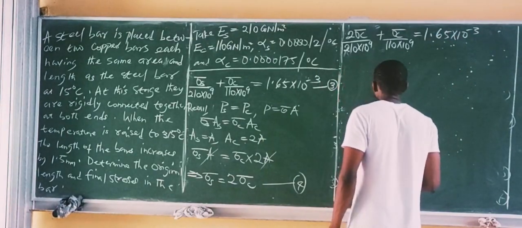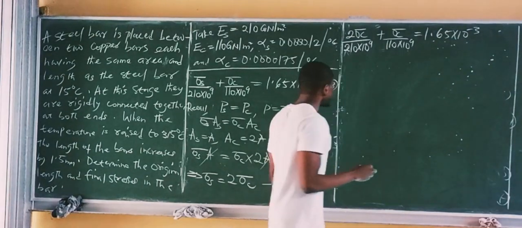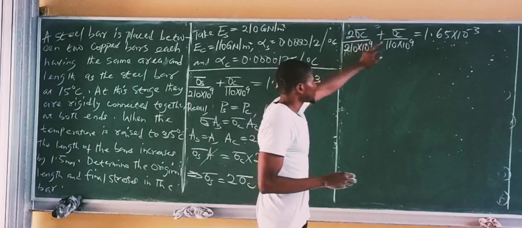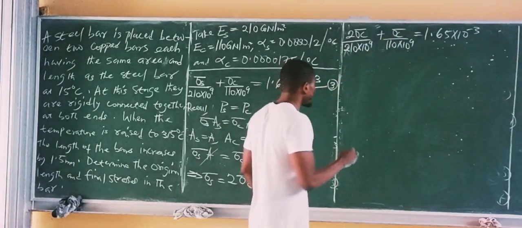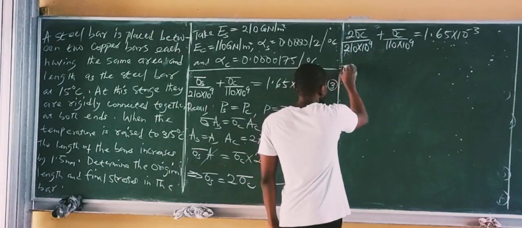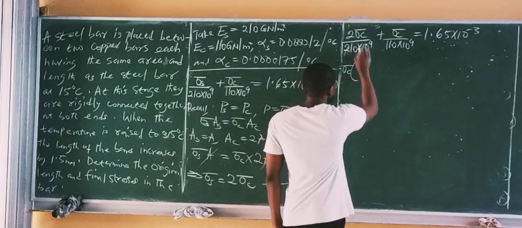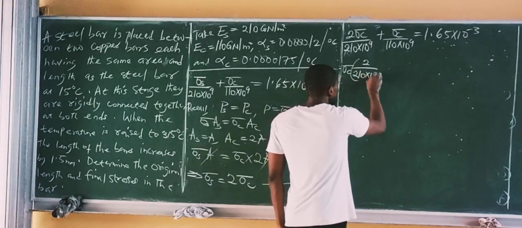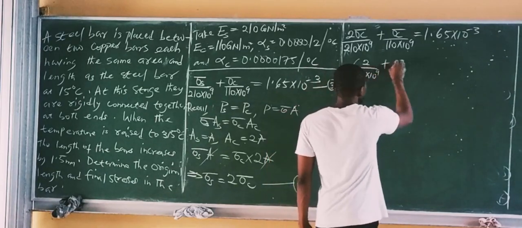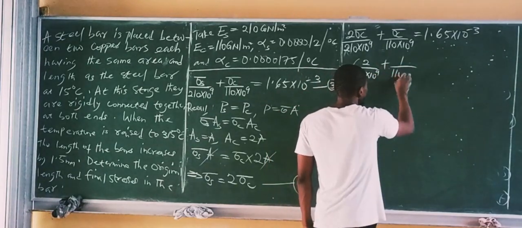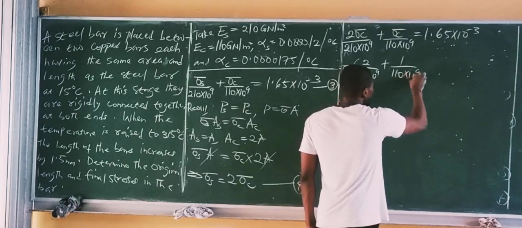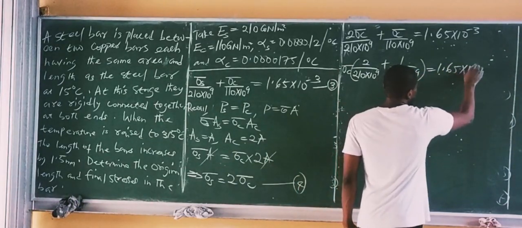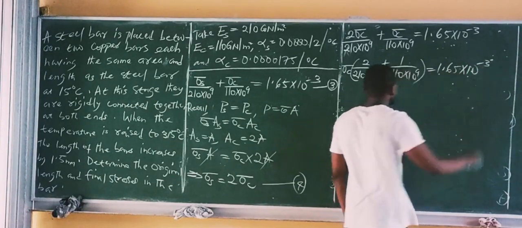Alright, so let me now factorize. Sigma c is common, so you have sigma c into 2 over 210 by 10 to the power of 9 plus 1 over 110 by 10 to the power of 9. That's equal to 1.65 by 10 to the power of negative 3.